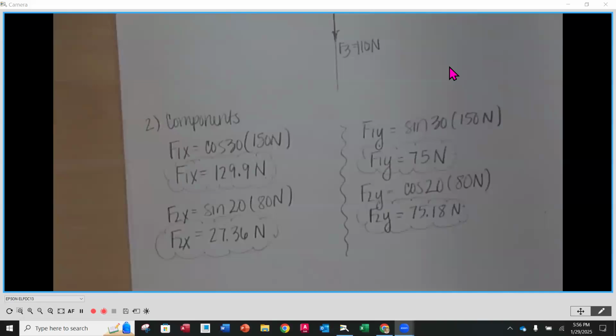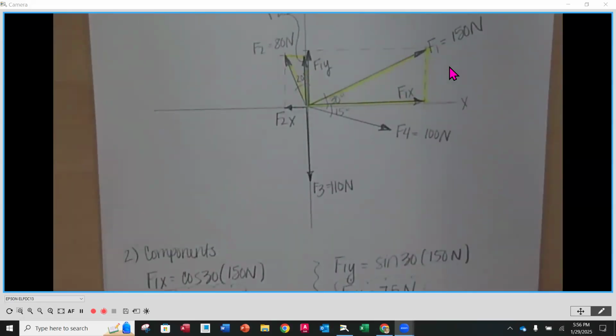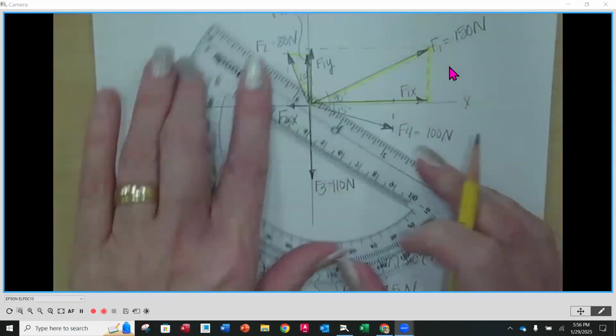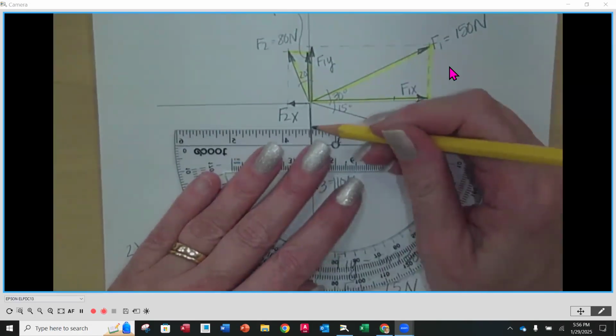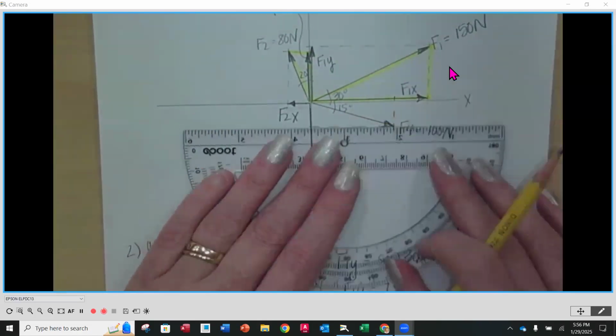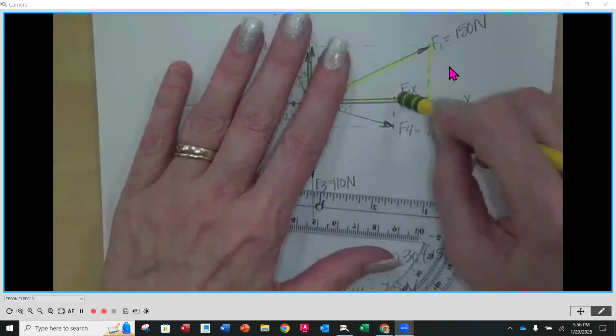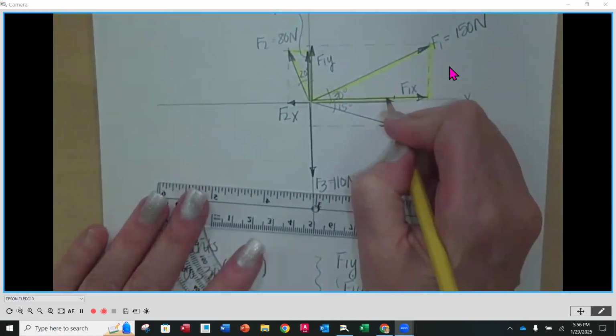Cool. All right. Now we have one more. I'm going to let you do this very same thing for F4, and then we can compare the answer. So I'll do it alongside here, and I'll do my work down below. You go ahead and do it as well, and then we can compare.